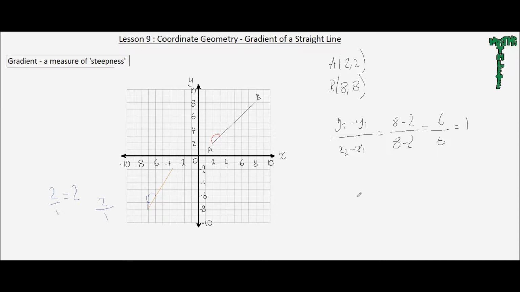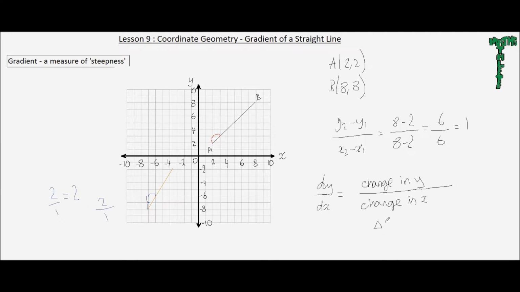And this is where you start seeing dy over dx. So if you were wondering what dy by dx means, it just means delta y over delta x, and delta means change. So change in y, you can say y coordinate if you want, over change in x. And also they use the triangles.